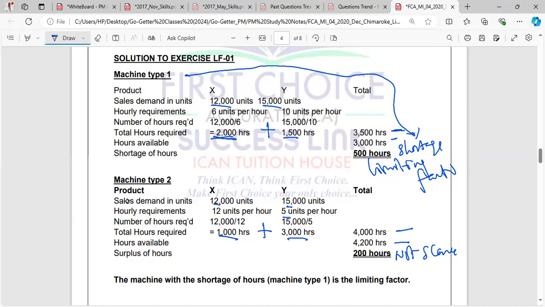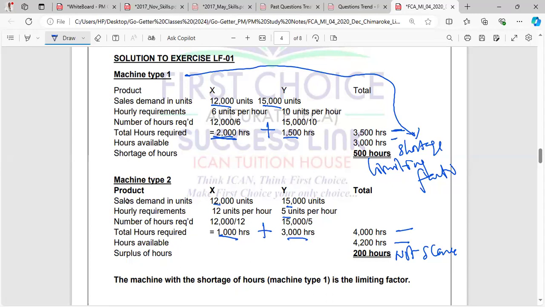It's just like saying you are in the exam hall and it takes you 1 hour to solve one question, and you have 5 questions to solve in 3 hours. So it means that you can only solve three. The limiting factor would be the speed of your writing or your calculation.